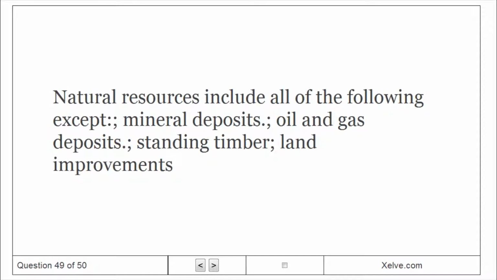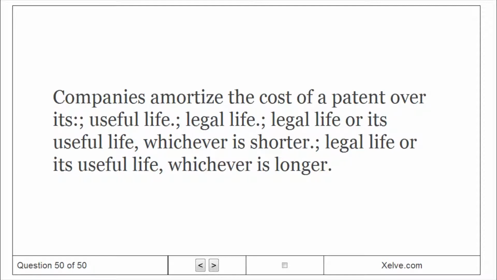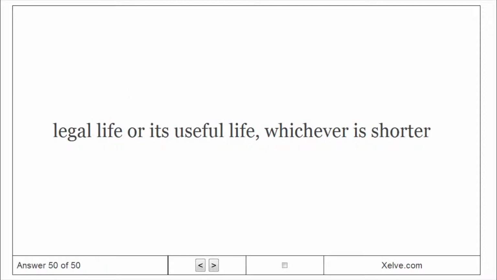Natural resources include all of the following except mineral deposits, oil and gas deposits, standing timber, land improvements. Land improvements. Companies amortize the cost of a patent over its useful life, legal life or its useful life, whichever is shorter. Legal life or its useful life, whichever is shorter.